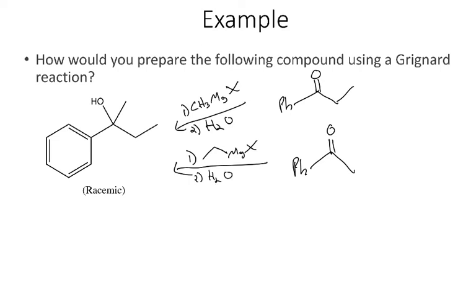Or finally, my ketone could provide the ethyl and methyl groups, in which case my Grignard reagent will provide the phenyl group. And so we have 3 different options on how we could achieve formation of this compound through a Grignard reaction.